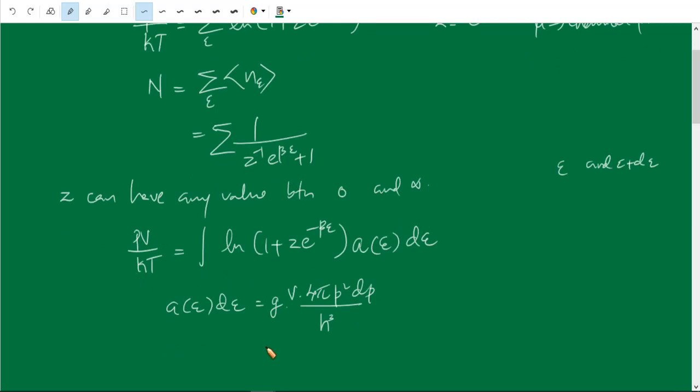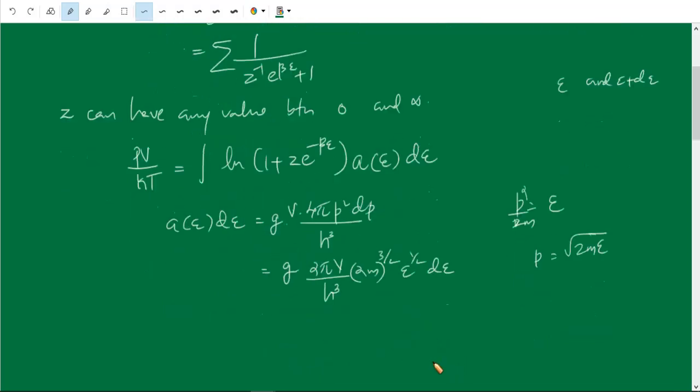If you substitute the non-relativistic value, ε is equal to p² by 2m, the energy, then substituting the value of p, p is equal to root of 2mε, you will get g times 2πV divided by h³ times (2m)^(3/2) ε^(1/2) dε.